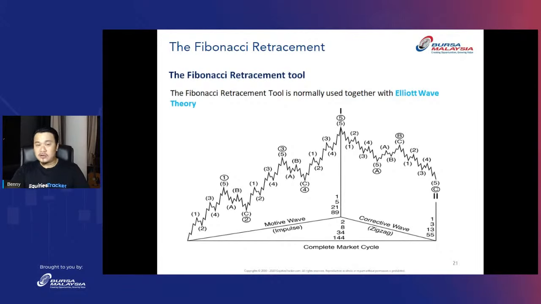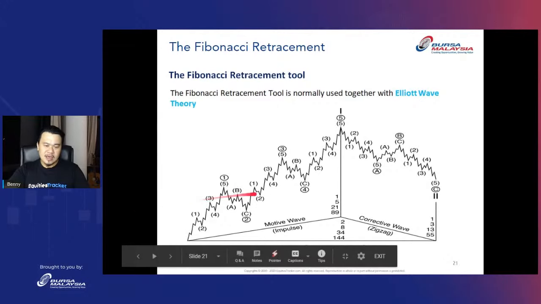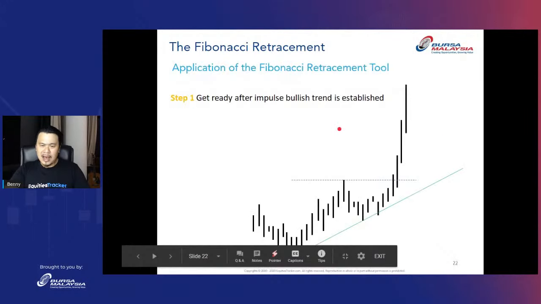Okay, so Fibonacci retracement is no different than using a trend line, but the way it's used is different. All right. So at the end of the day, we want to identify where the real support or resistance levels are.